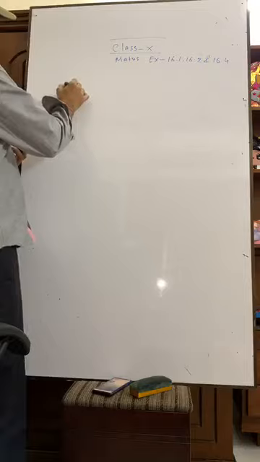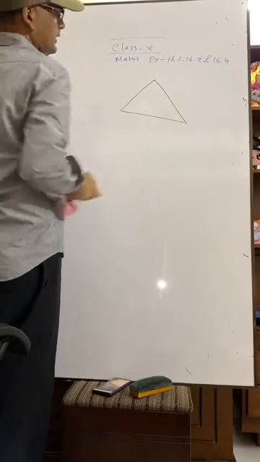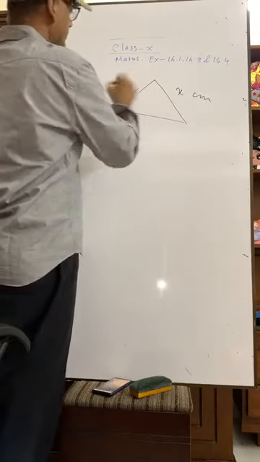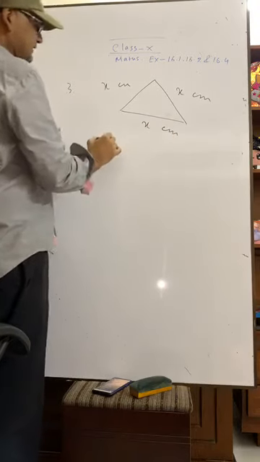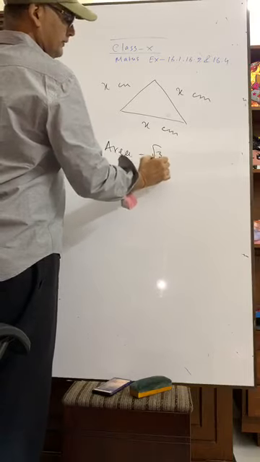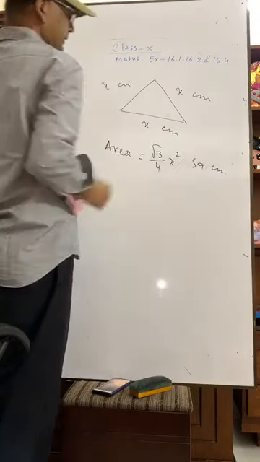Suppose it is an equilateral triangle. It is x centimeter, x centimeter, x centimeter. So its area equals what? Root 3 by 4 x square centimeter, right?